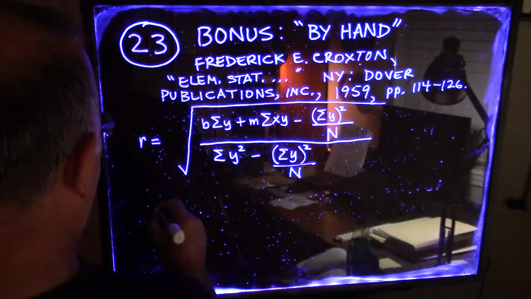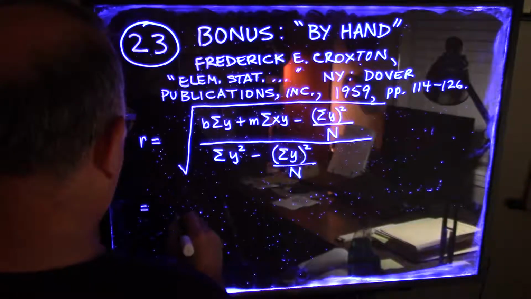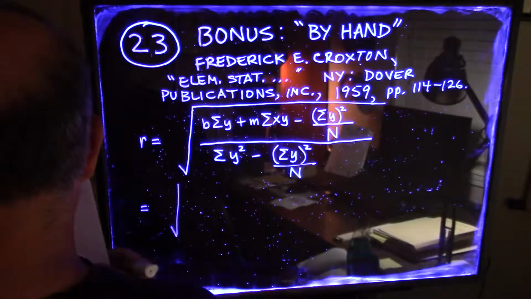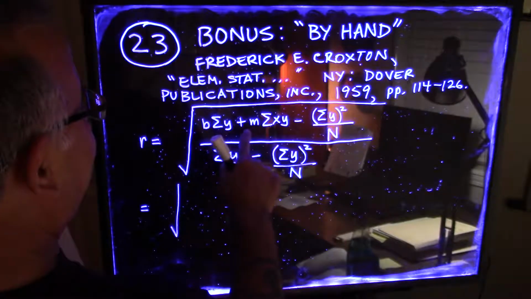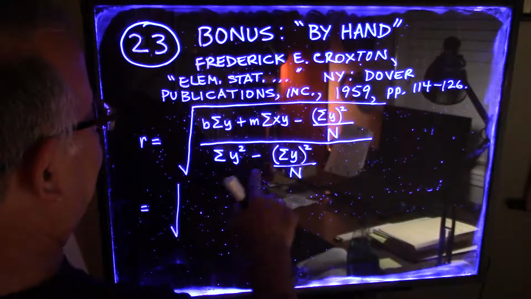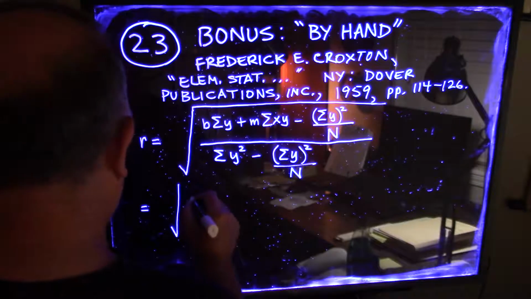So I'm plugging in the data now. We know what b is, we know what m is, in fact we know all of these things, so all you have to do is plug and chug, as they say.